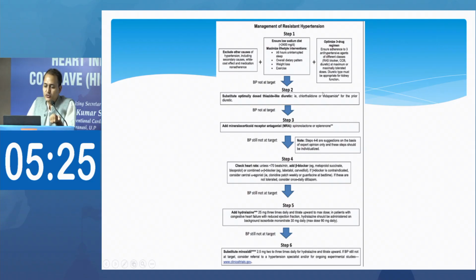In choosing beta blockers, the dual-acting ones with both alpha adrenergic and beta blocking effects, labetalol and carvedilol, should be the preferred beta blockers when we are using a beta blocker as a fourth agent. And still if it's not controlled, then we can go for hydralazine, and if it's still not controlled, we can go for other drugs like minoxidil and other agents.